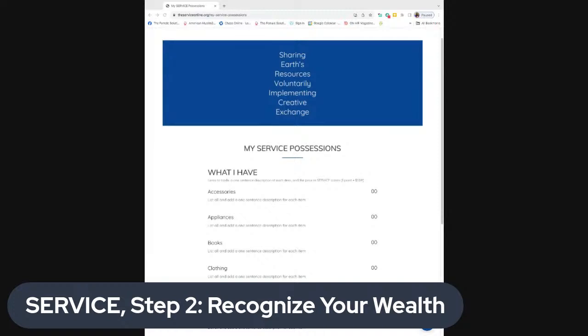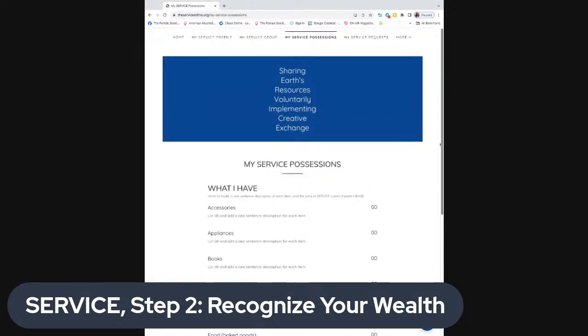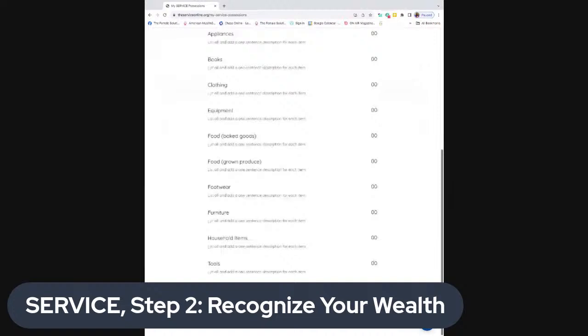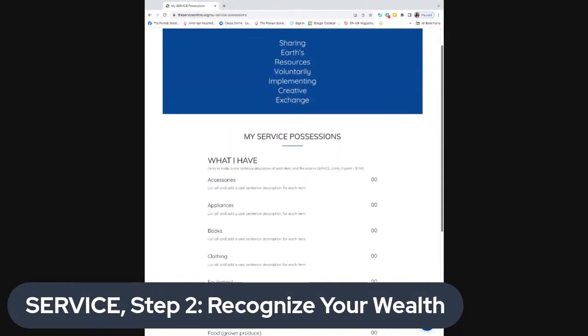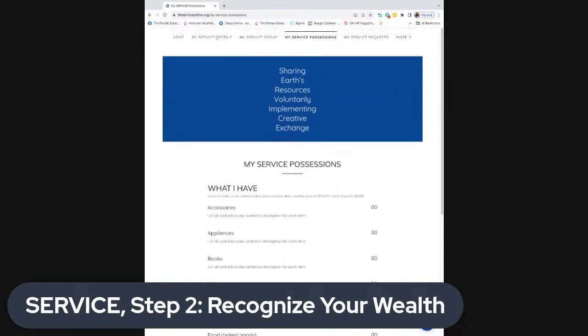And we want you to think about all the things that you do that can be requested and needed by someone else. Because, in fact, all that you have is needed by somebody, just as all that you do is needed by somebody.